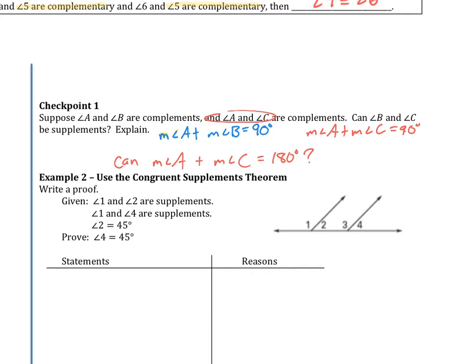All right? And if A plus C is 90, that means C is also less than 90. So all of these angles are less than 90. So therefore, it cannot. So the answer is no. Angle B and angle C are less than 90.